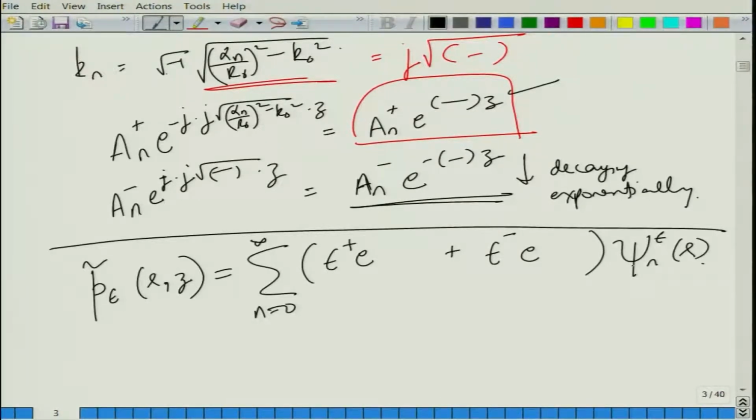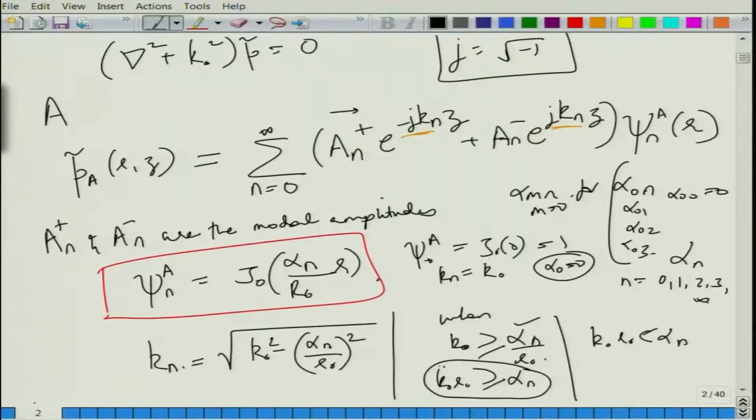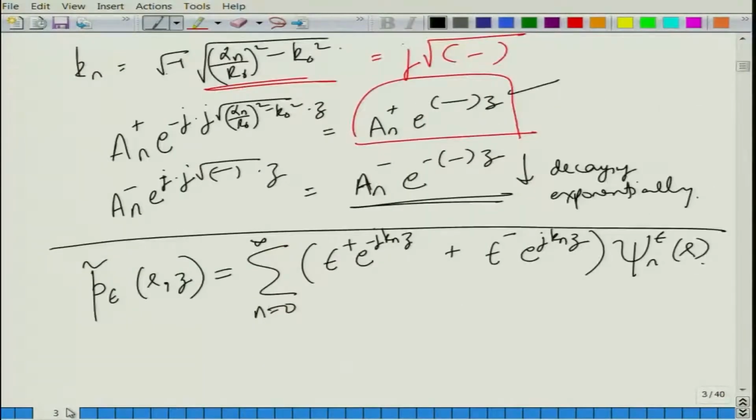So xi n E and xi n A are pretty much the same. So here you have your k n z and k n z here. So we get this sort of a thing, and we have this.